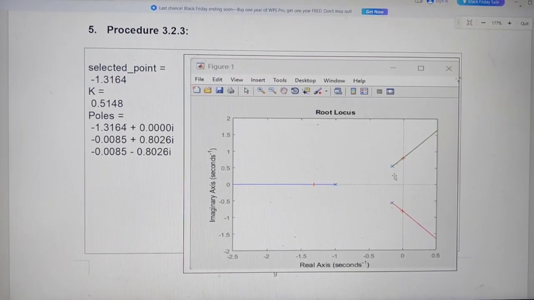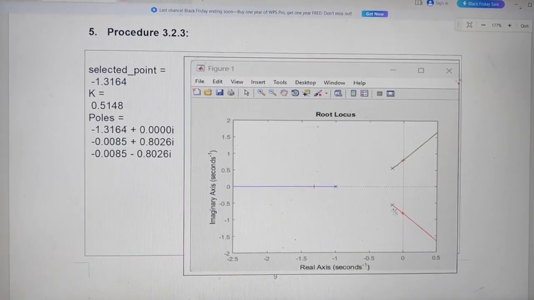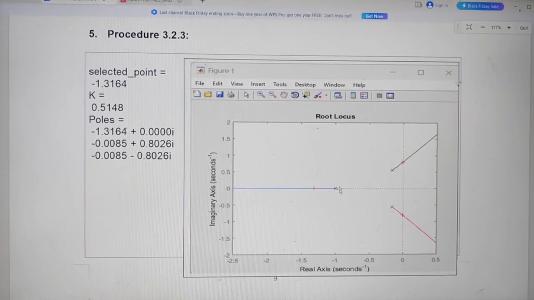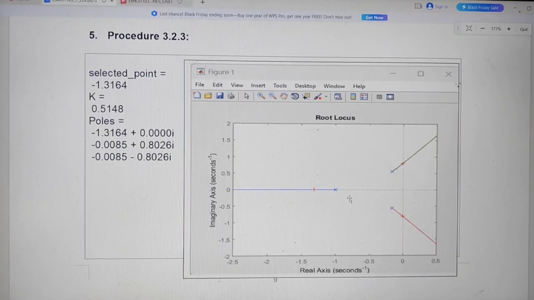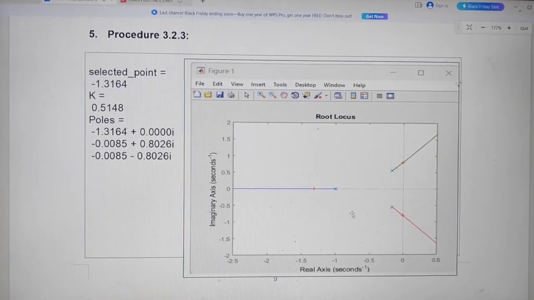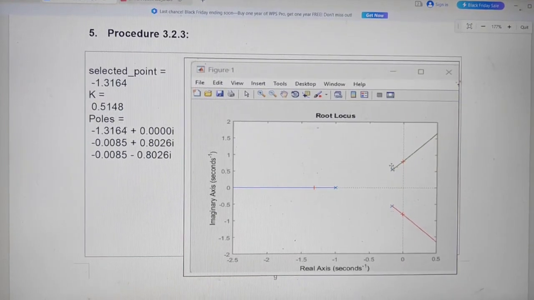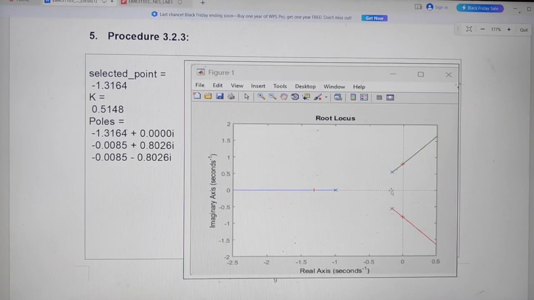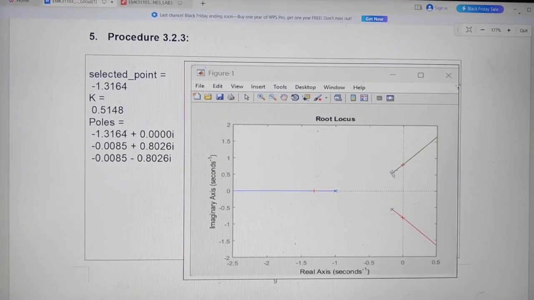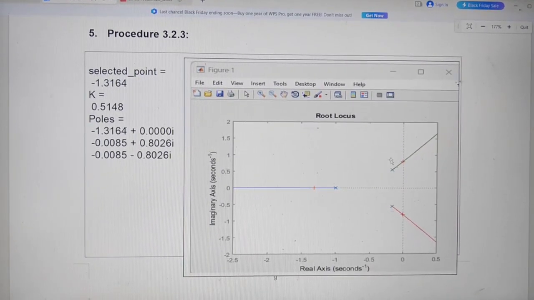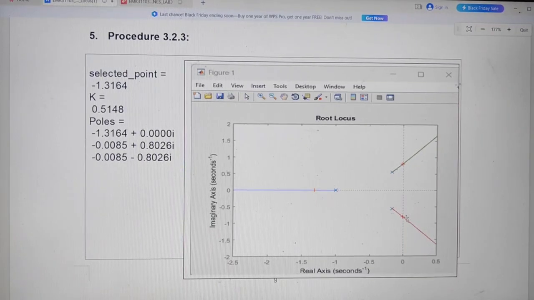And these are the poles: negative 1.3164, and here negative 0.0085 and negative 0.0085, which are these two, and these are the imaginary poles.